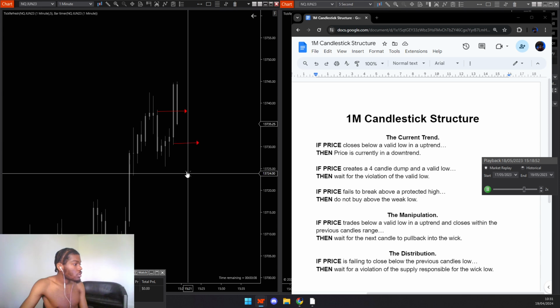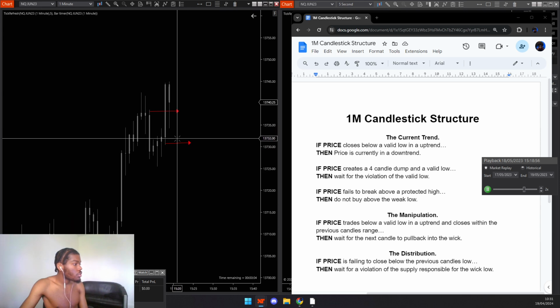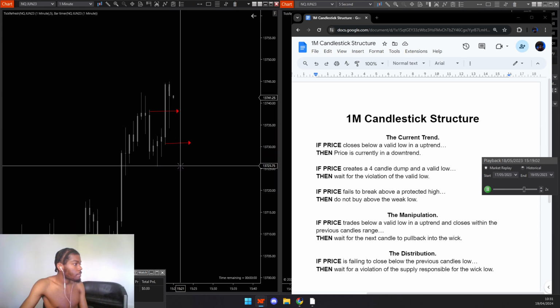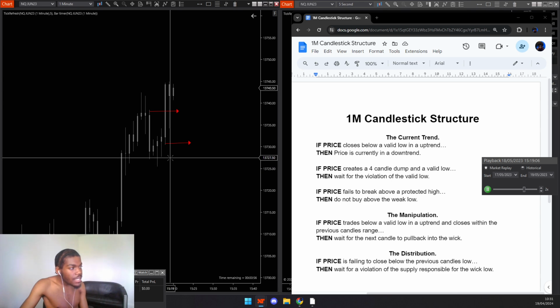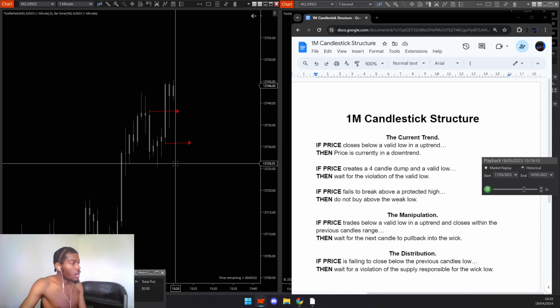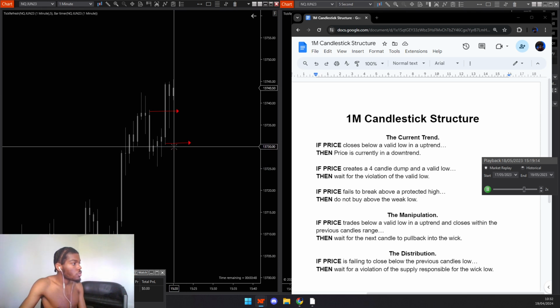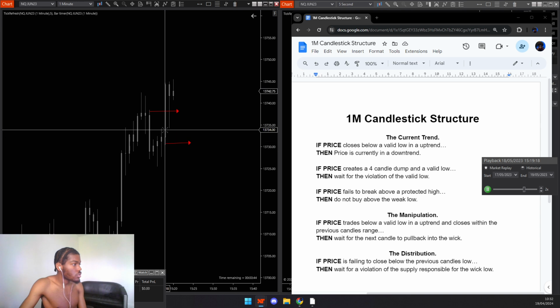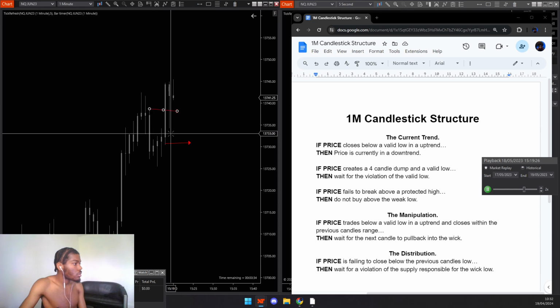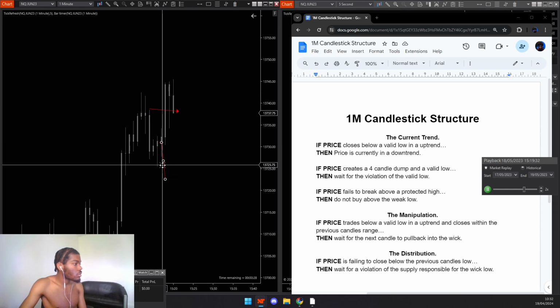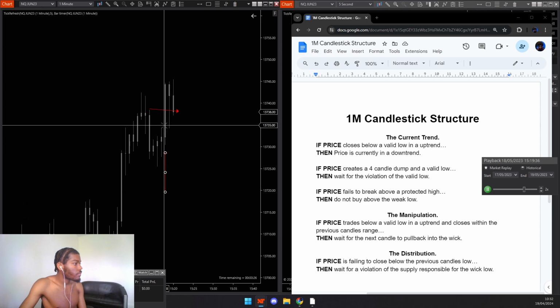In an uptrend, I'll wait for price to trade through a valid low. Once I see that, I'll now look to see if we close within this previous candle's range. So I'll be talking about, yeah, that right there.